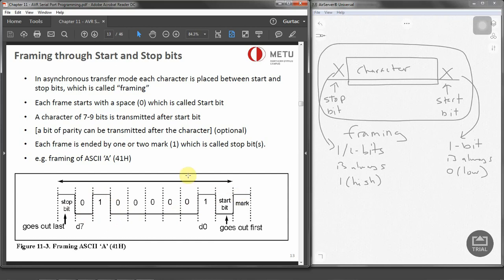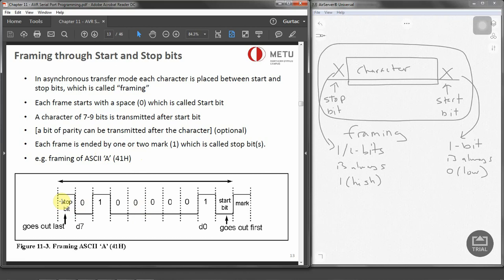In addition to these start and stop bits, we can also add a parity bit. If you remember from logic design, we can use a parity bit to make sure that the received data is the correct data. So we can use either odd or even parity. And then each frame is ended by a 1 or 2 mark, which are called stop bits, and they are always high.